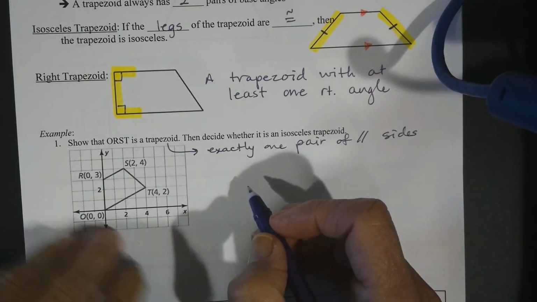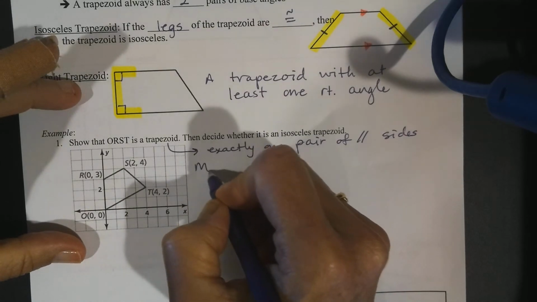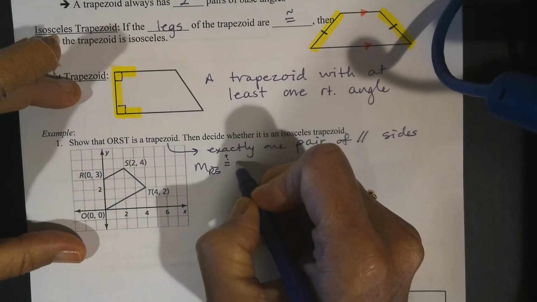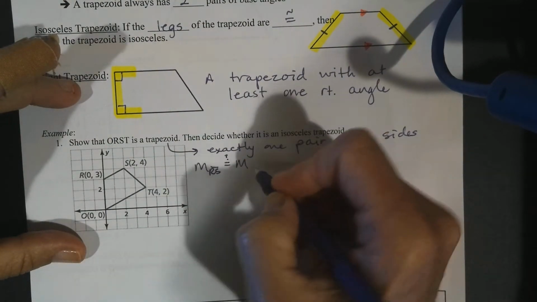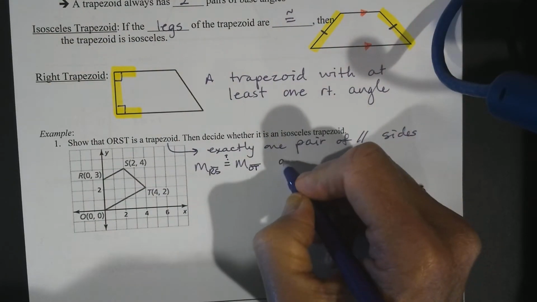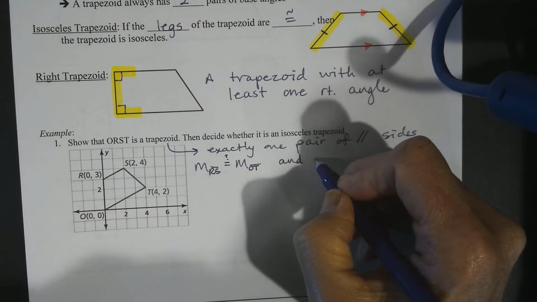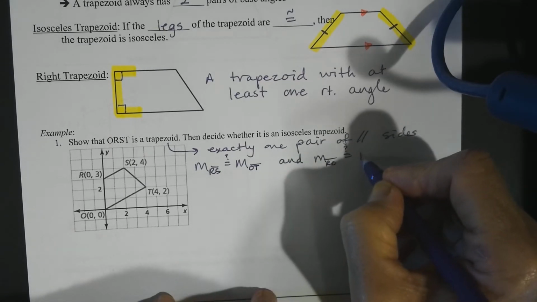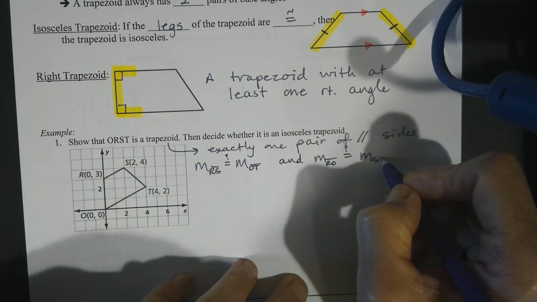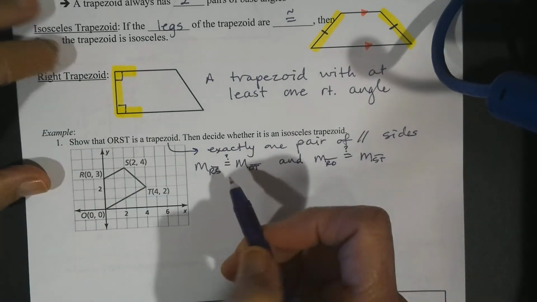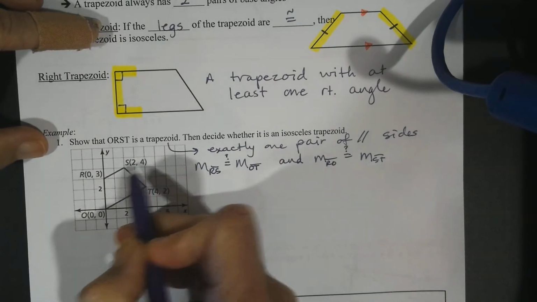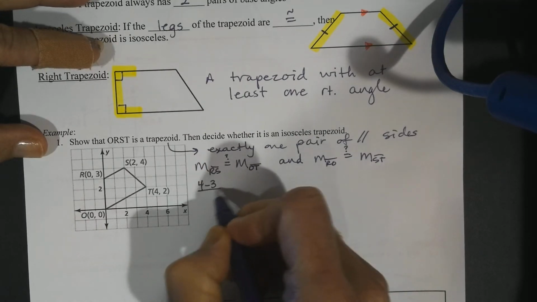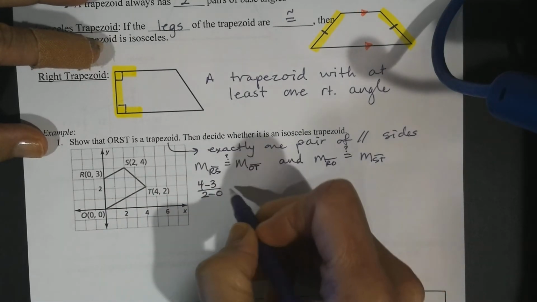So the slope of RS, we're going to see if it's equal to the slope of OT. And then we're also going to check the slope of RO and see if it is the same as the slope of ST. So RS is going to be 4 minus 3 over 2 minus 0, y's over the x's.